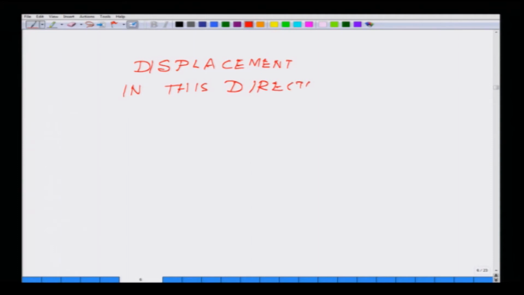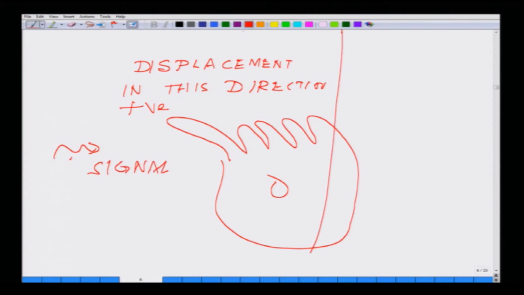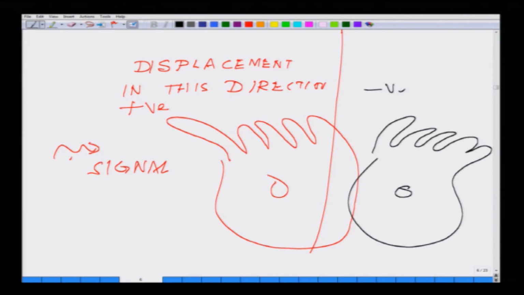Say for example, if all of them are moving like this, this is positive, or generates a signal, and if the displacement is in the other direction, say for example something like this, this is a negative signal, or this is saying inhibition, and this is excitation.